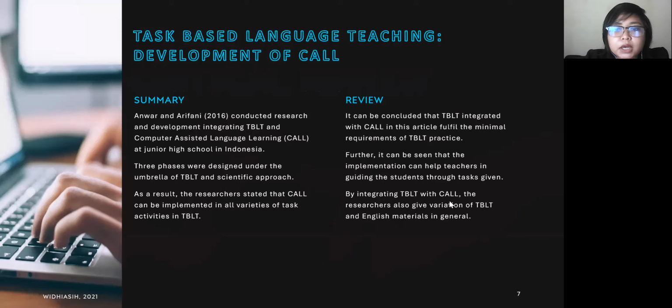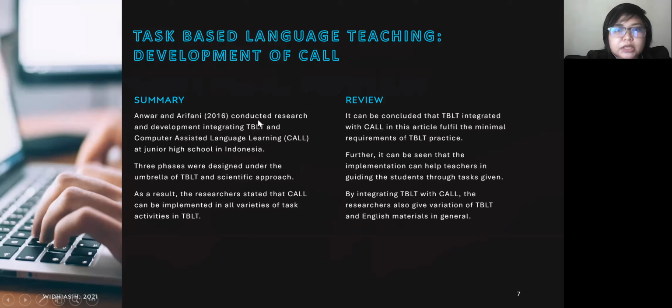This is the first article. The title is Task-Based Language Teaching, Development of CALL. Okay, this is the research from Anwar and Arifani in 2016.